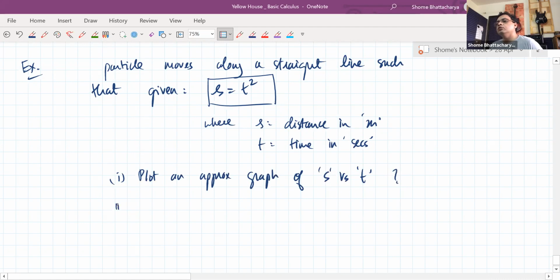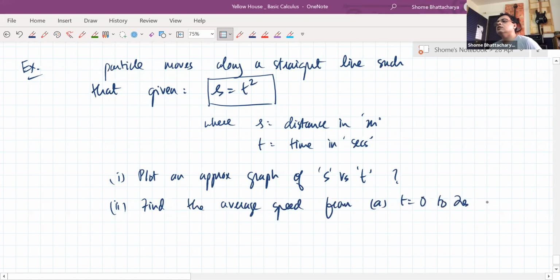Then we want to find the average speed from t equal to 0 to 2 seconds, and then again from 2 to 4 seconds. This should also not be difficult because we have a formula for it, right?